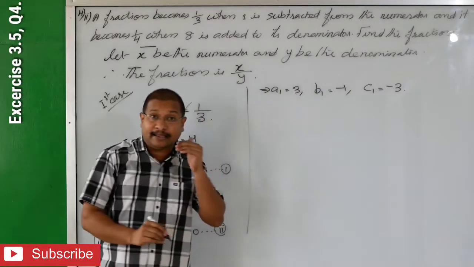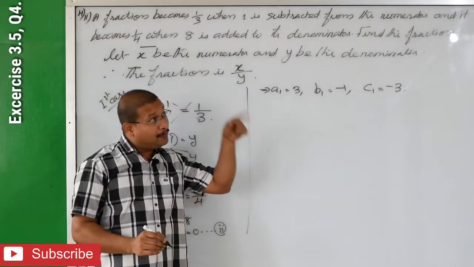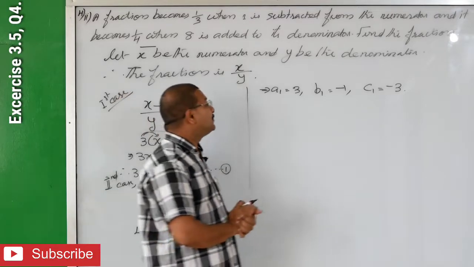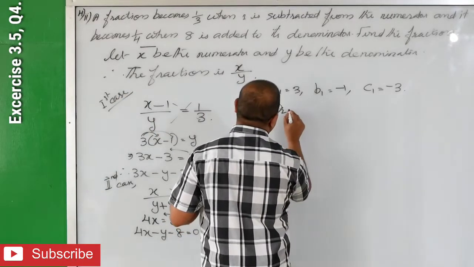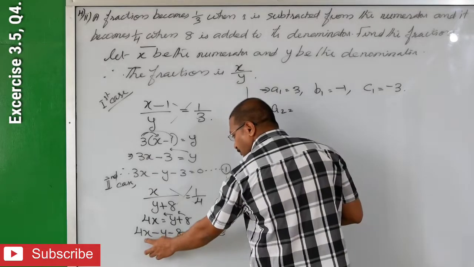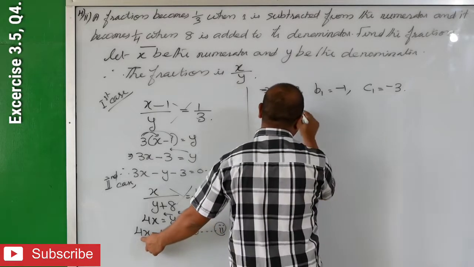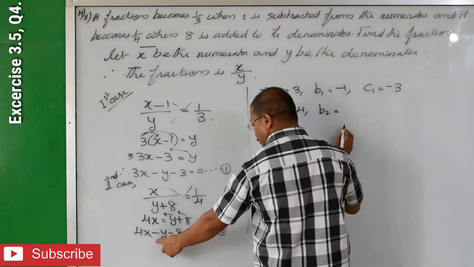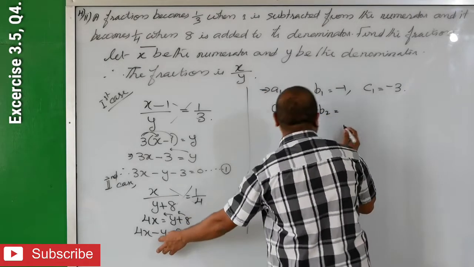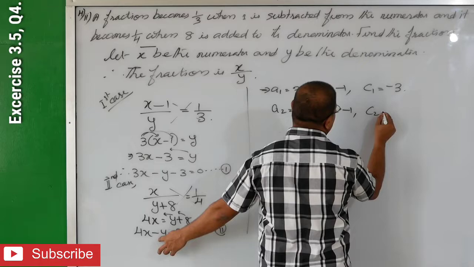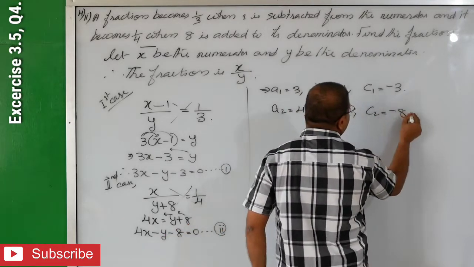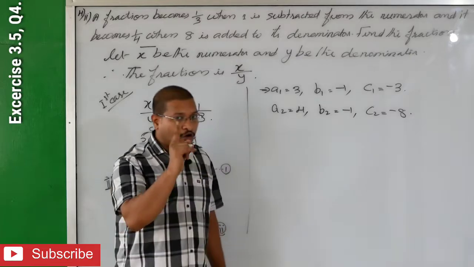To see how to take a1, b1, c1 and all, please see the previous part. Ready? Now, a2, second equation. What is the value of a2? Which is near to x, that is 4. Now, b2, what is b2? b2 is minus y means minus 1 and c2, what is c2? Minus 8. Now we will use cross multiplication.